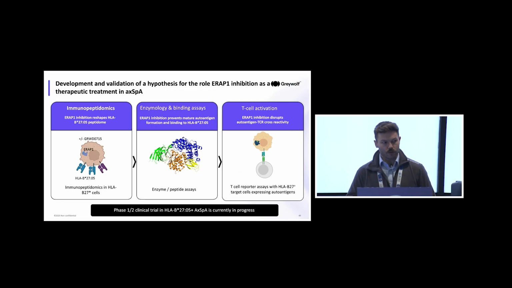So I think just to wrap all of that up, I guess quite a lot of different data. We used immunopeptidomics to define a hypothesis and do some exploratory work to try and understand why, based on the genetics of this disease, ERAP1 inhibition could play therapeutically in this particular condition.